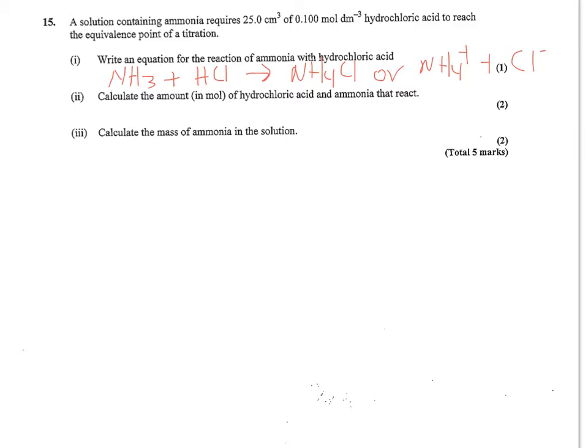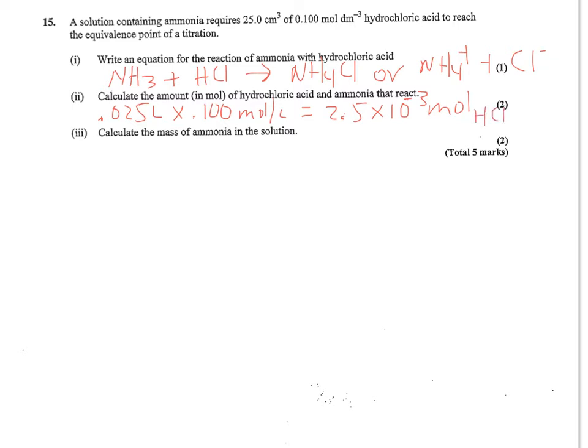And then calculate the amount in moles of hydrochloric acid and ammonia that react. Well, at 25 centimeters cubed, or 0.025 liters of HCl, times 0.100 moles per liter. So when I multiply that, I'm going to get 2.5 times 10 to the minus third moles of my HCl.